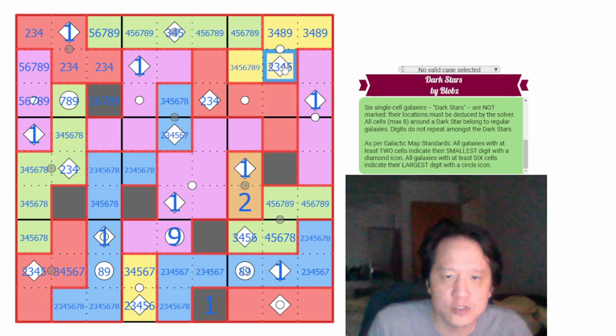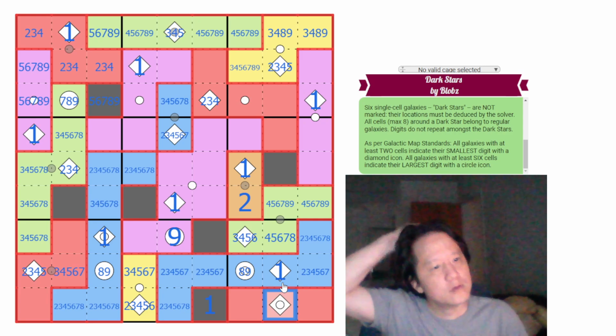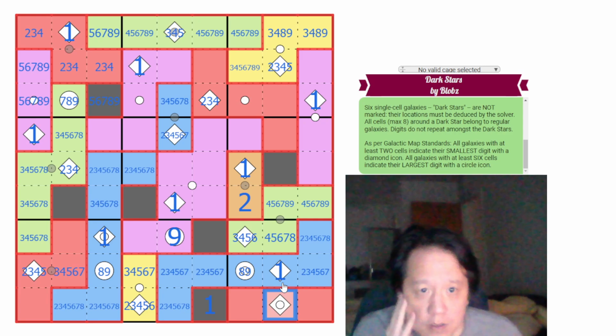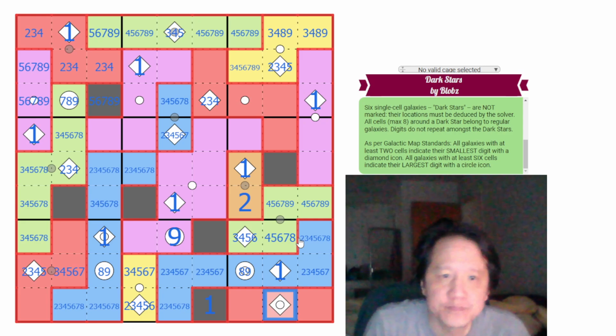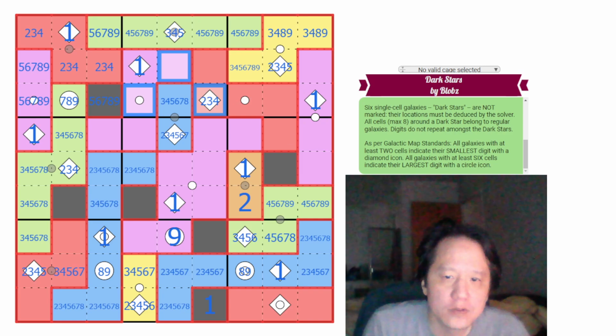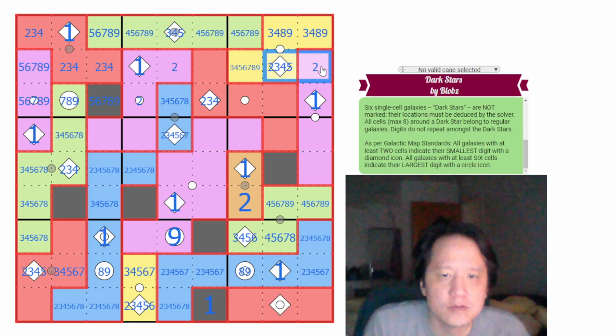So 2 is either here or it's here. We know the 2's here in this one. 2 could be either this, this, or this. Right, so the 2's could go there. This cannot be 2. Oh, one of these 2 is 2.